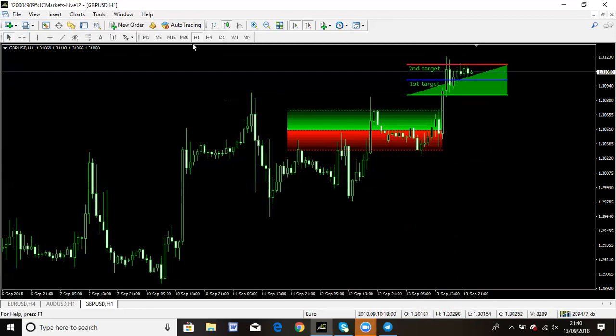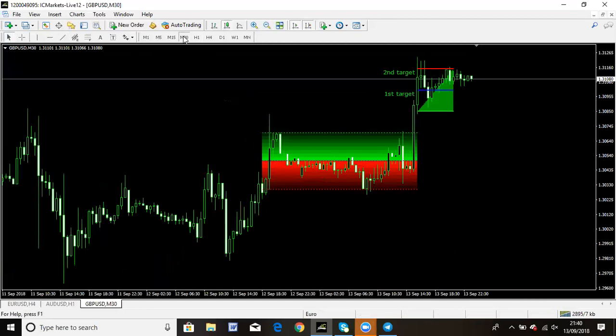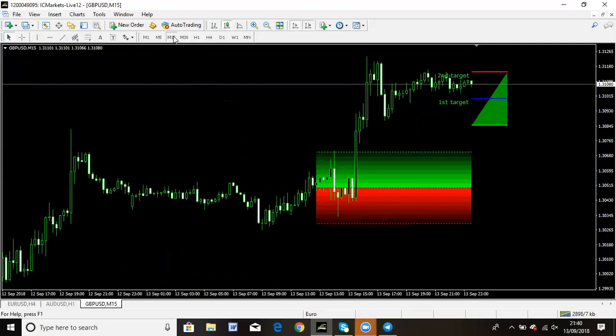As you can see, I'm on an hourly rate, so I'll reduce this to 30 minutes, 15 minutes, right? Let's reduce this to 15 minutes. So roughly, as you can see, the triangle was created about 12:30 UK time, okay? And that came in, and it actually hit it without any problems.